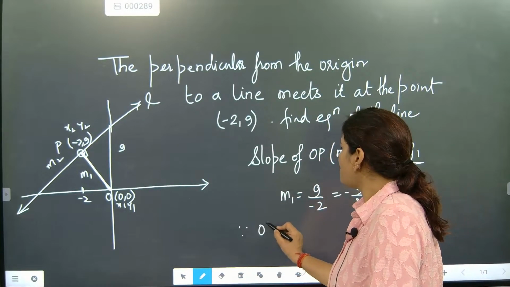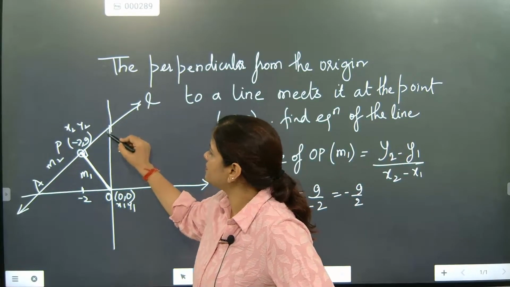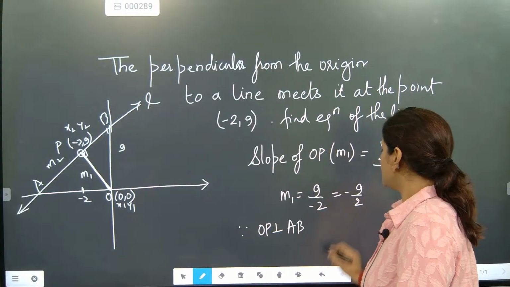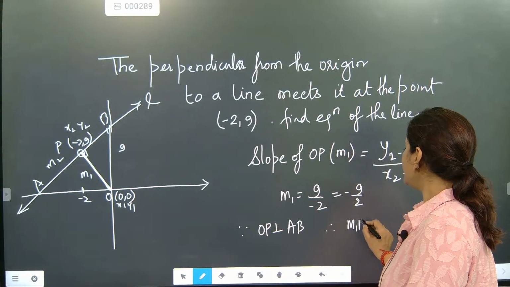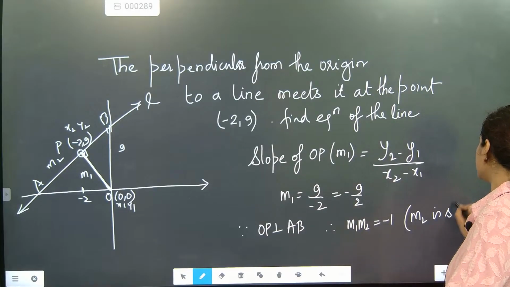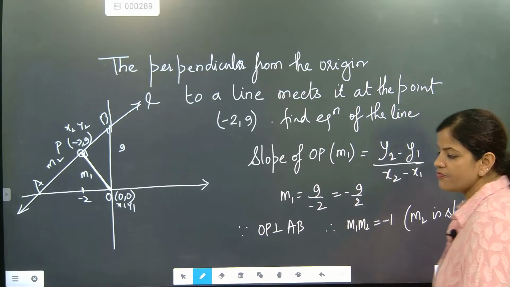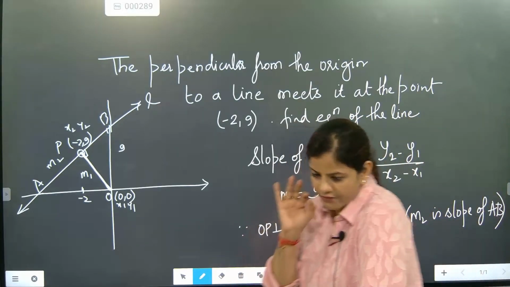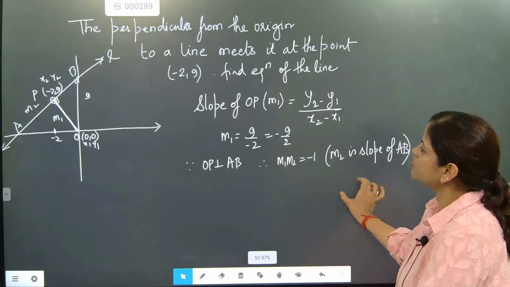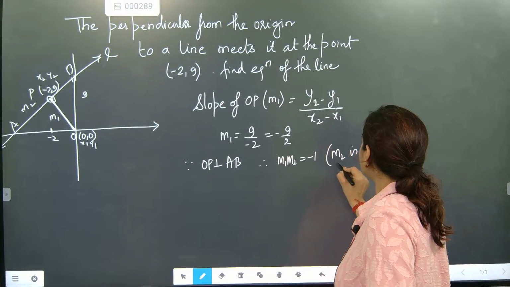Since OP is perpendicular to this line, we will write this line as AB. OP is perpendicular to AB. Therefore, M1 into M2 is equal to -1. M2 is the slope of AB. I'm writing every single step here.